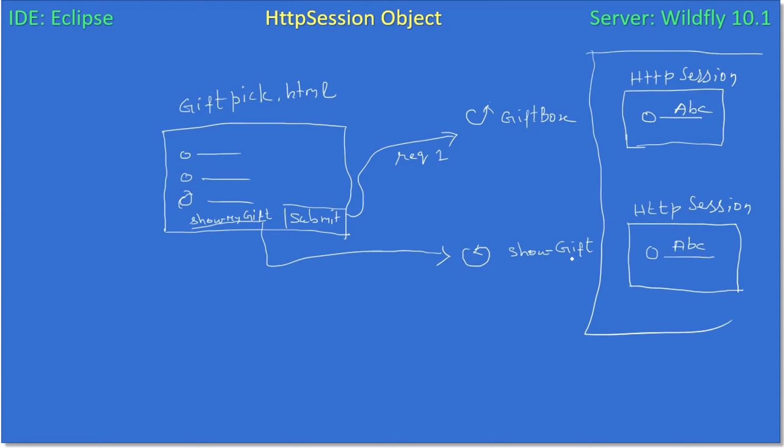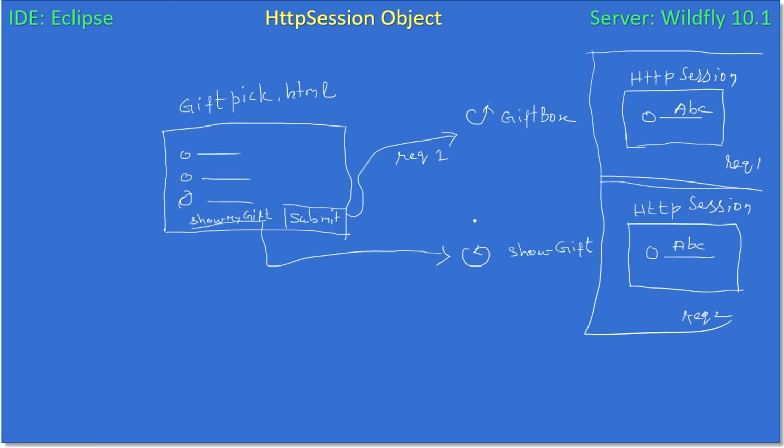When the second request comes, it doesn't know anything about the previous request. So we don't have a way to get what was selected by the user in the previous request using the request object. So the request is gone. But the HTTP session is maintained between the requests. That's why we call it a session.